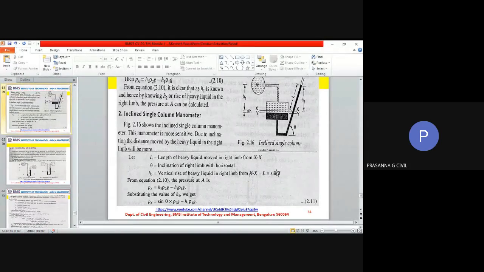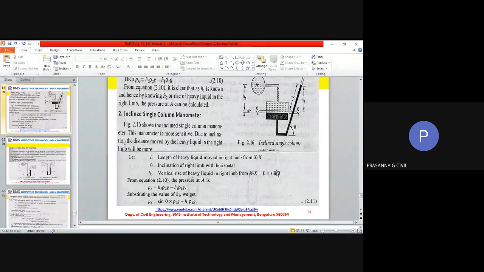This single column manometer can either be vertical or it can be inclined. These are our total simple manometers. So in this, the only thing that you need to remember is how to balance the left leg pressure equation to the head or pressure equation on the right limb.